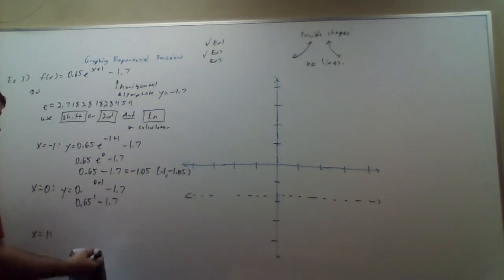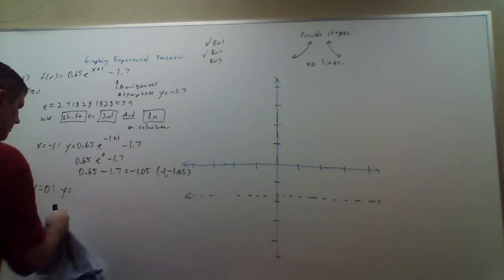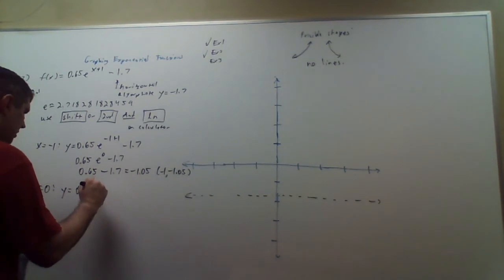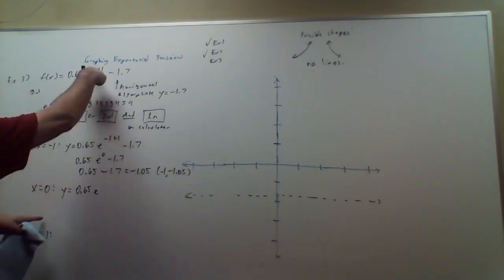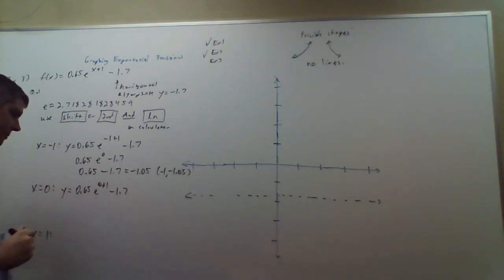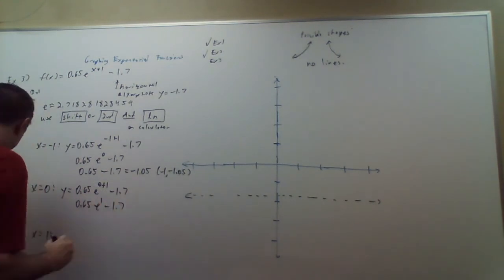I need to do this again. So 0.65 e to the first minus 1.7.